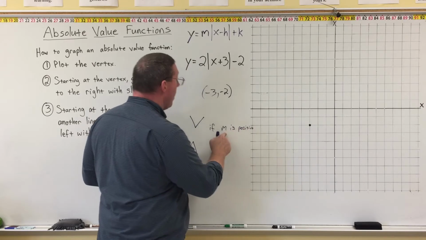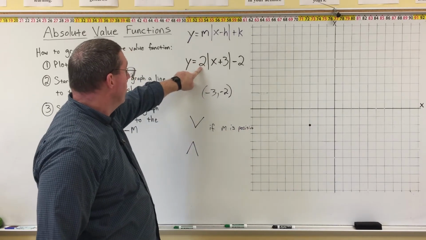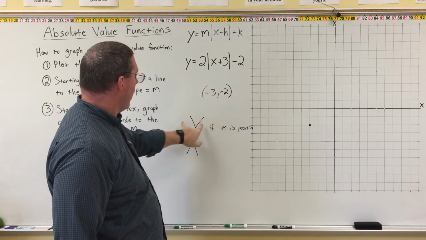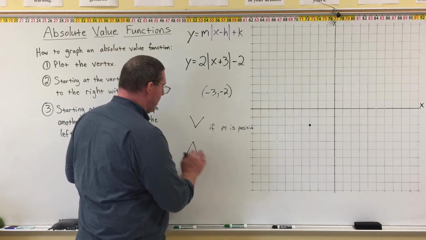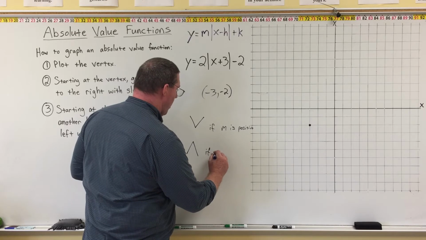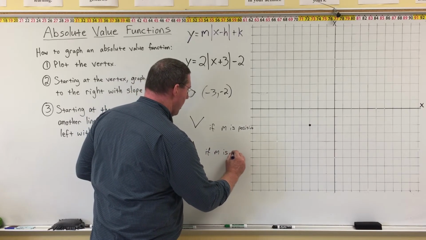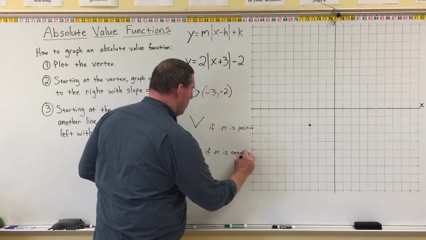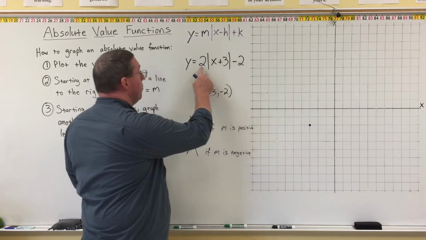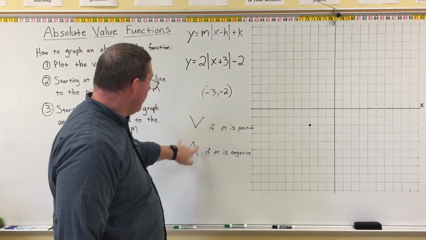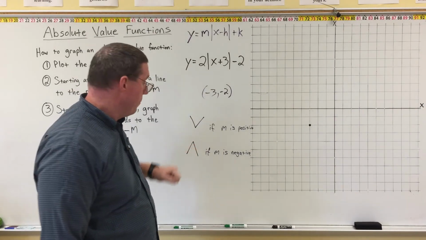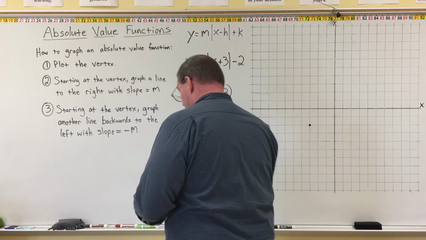So if m is a positive value, like it is here, that's a positive 2, so that means we're going to have a V shape, a right side up V shape. But it's going to be the upside down V shape if the m is negative. So if we had a negative 2 here, or a negative 5, or just a negative sign, then it would be an upside down V, okay? It really is that simple, okay?